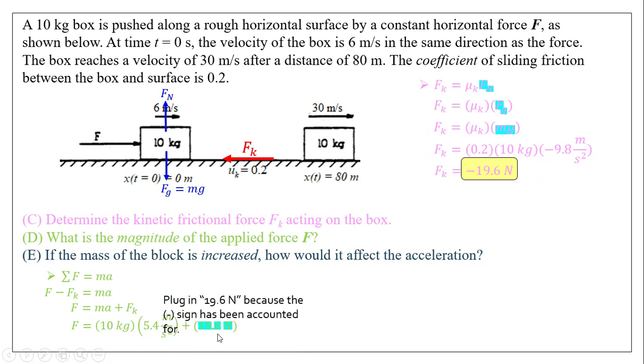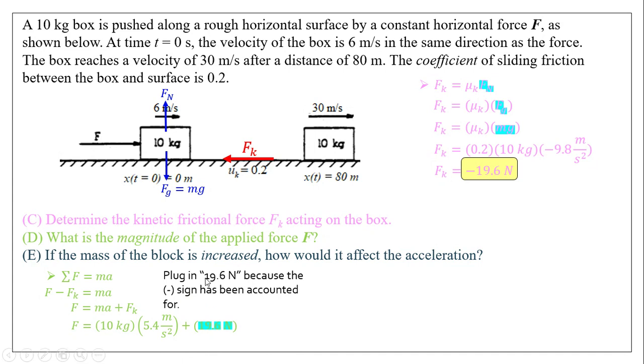I do want to point this out though. I plugged in 19.6 for F of k because earlier in the second line, I'm already telling you that F of k is negative. So here you can add a negative or you can just subtract a positive. Okay, I want to say it again. Here the sigma notation tells you to add. You can add a negative or you can just subtract a positive.